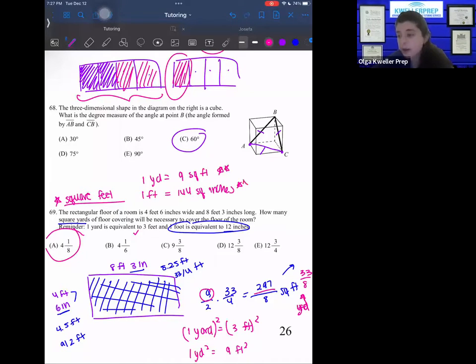You just have to be aware that whenever you're dealing with conversions and square units, you square the conversion. Or if you don't want to realize that, you can just memorize these as well. And this is true for any conversion. So if you're converting centimeters to square meters or whatever it is, you do the same thing. You square the conversion.